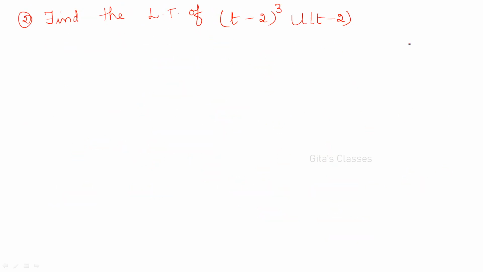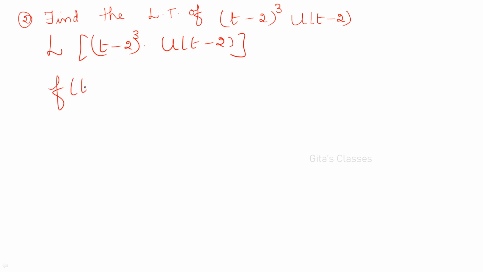Now find the Laplace transform of L of t minus 2 the whole cube into u of t minus 2, right? So here f of t minus 2 is equal to t minus 2 the whole cube, right? Here what is our a? It is equal to 2.